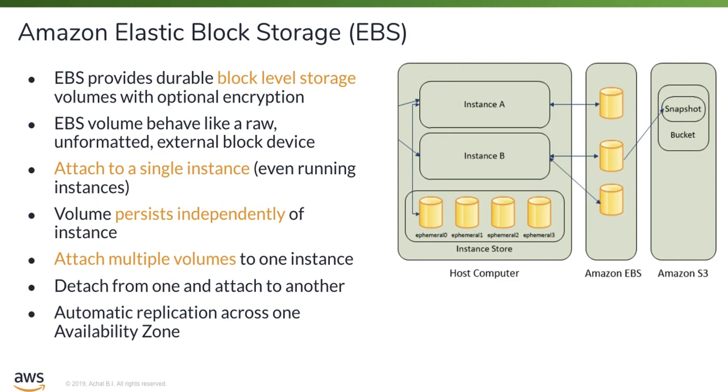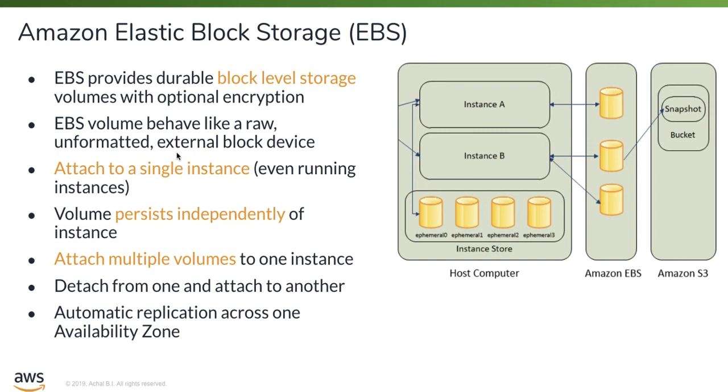Elastic Block Store is the primary storage used for instances. It's block level storage volumes. There is an option to encrypt the EBS. EBS volumes behave raw and are unformatted.